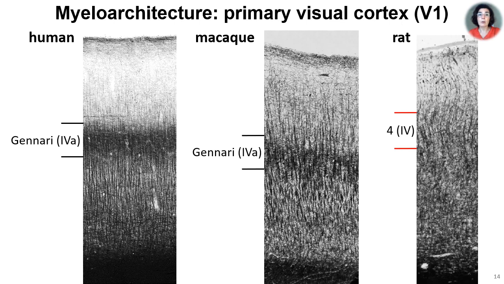Layer 4 of rat primary visual cortex is not sublaminated, thus we don't have an A, B or C component. And furthermore, it's obvious that cytoarchitectonic layer 4 in the rat brain does not contain a band of densely packed myelinated axons running parallel to the cortical surface either.